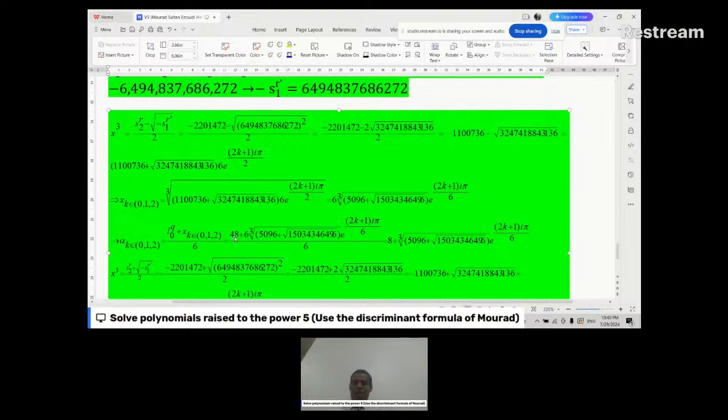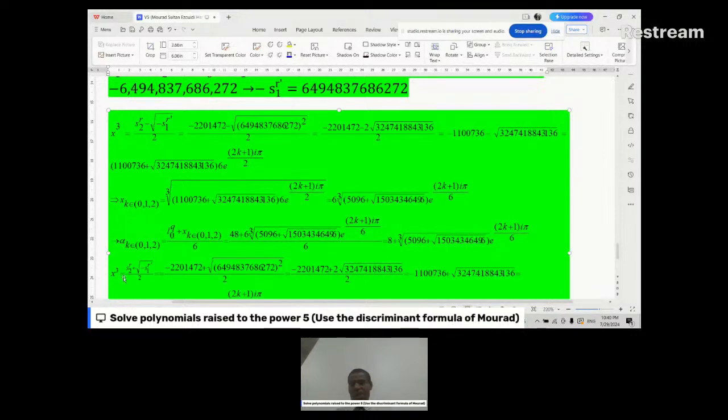The L0 is 48, divided by 6 gives 8. Here we make 216 a common factor between these two terms inside the cube root, and we obtain 6, and 6 divided by 6 gives this value. These are the first three roots of my polynomial to the power 6.